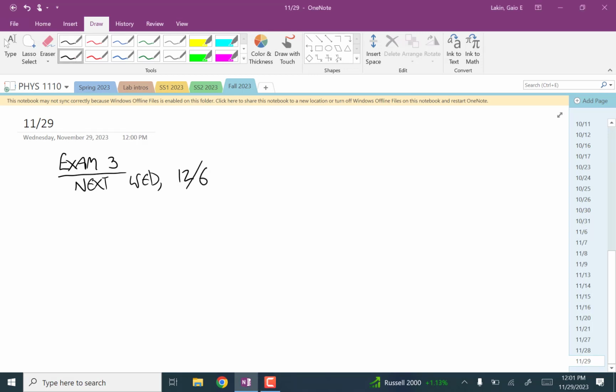And the topics for that are going to be everything before rotational kinematics. So no rotational stuff on this exam, but there will be on the final.